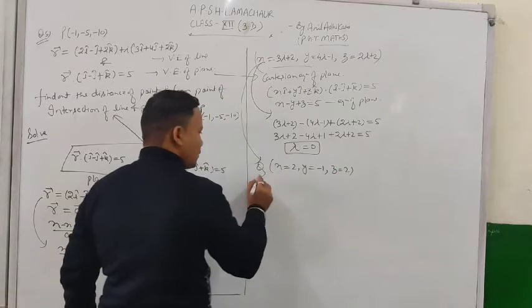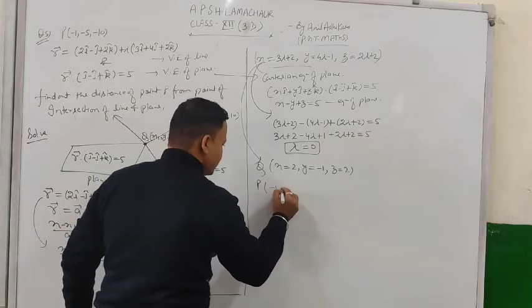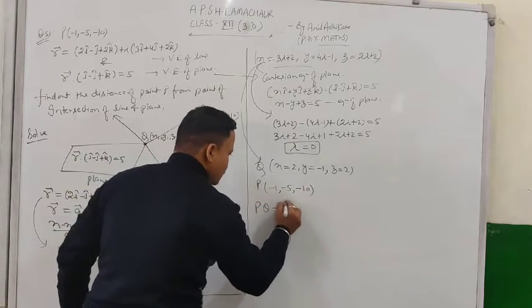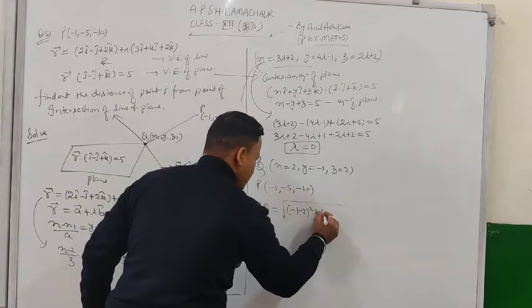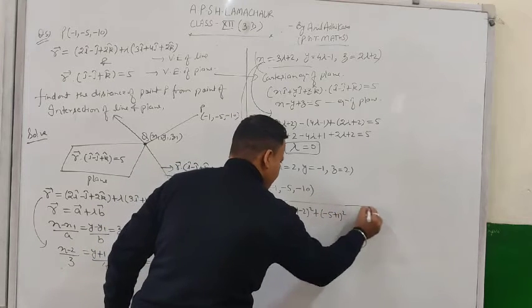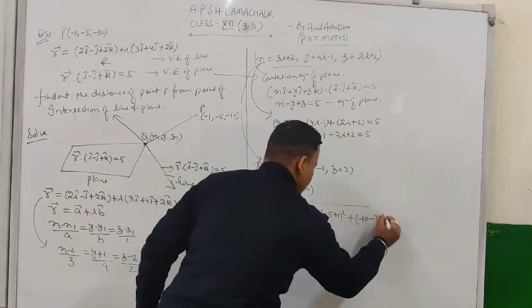So this is the coordinate of point Q, and the coordinate of point P has been given as minus 1, minus 5, minus 10. So the distance PQ between both the points is the root of (minus 1 minus 2) whole square plus (minus 5 plus 1) whole square plus (minus 10 minus 2) whole square.